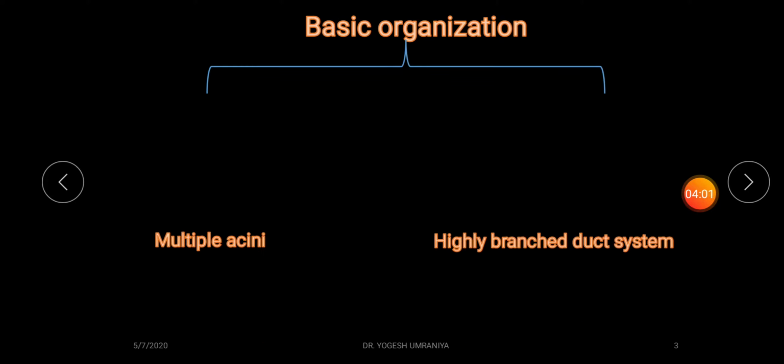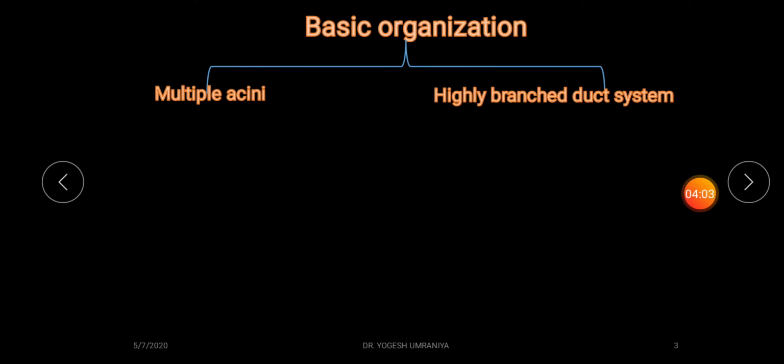So ultimately you have two components in the organization: multiple acini, as well as the highly branched duct system. Now within the acini there are three types. First, the serous acini, which under H&E preparation are stained darkly as compared to the mucus one.